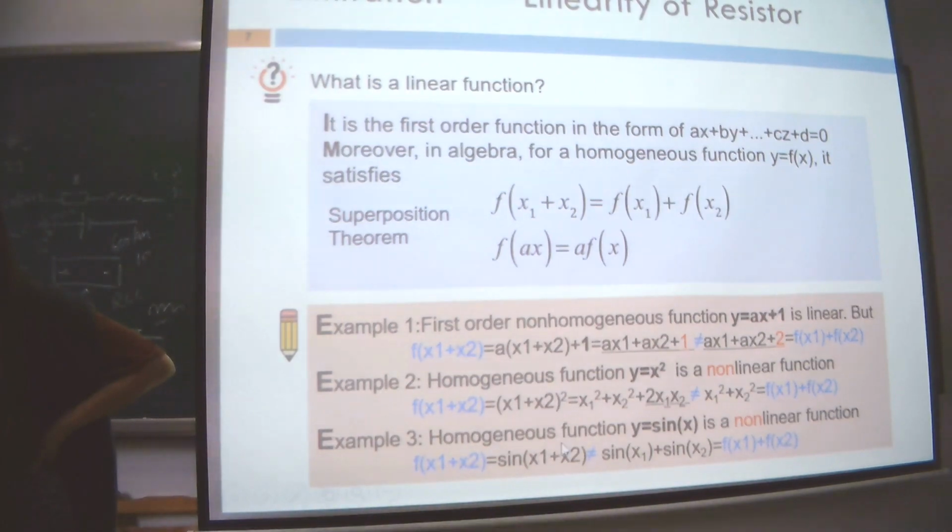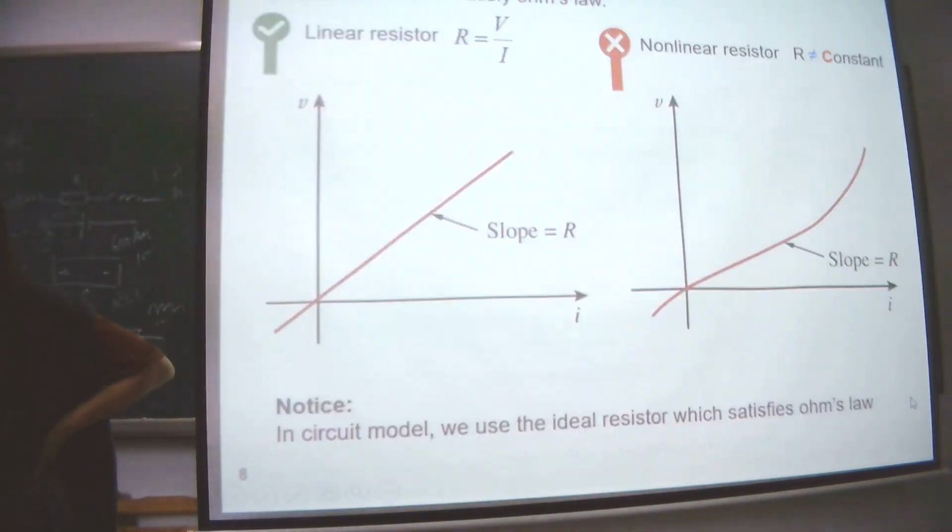Example 3, still a homogeneous function, y equals cosine x, is a non-linear function as well. You can use the first equation to make the solution. This one is not linear because this is 2, this is 1. So this is not the same.